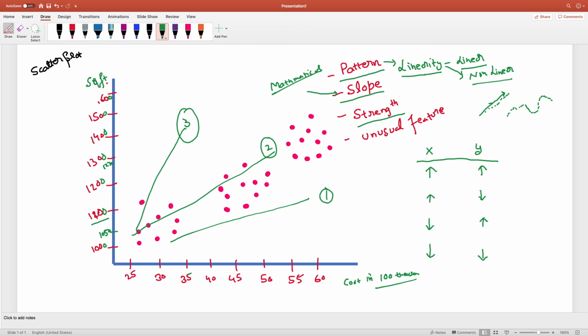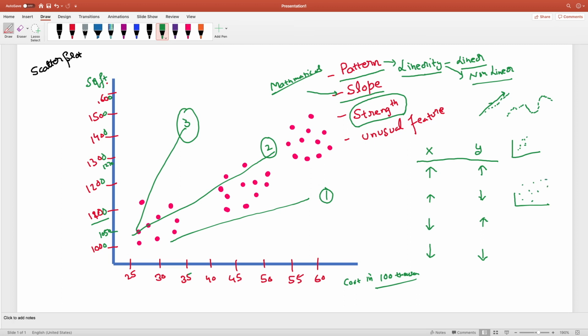There has to be a mathematical entity which will define how this slope is varying, how this slope is defining the x and y relationship. The second thing I wanted to talk about is the strength of the relationship. Whether you have a graph which goes like this, or a graph which goes like this, it is also an increasing graph.